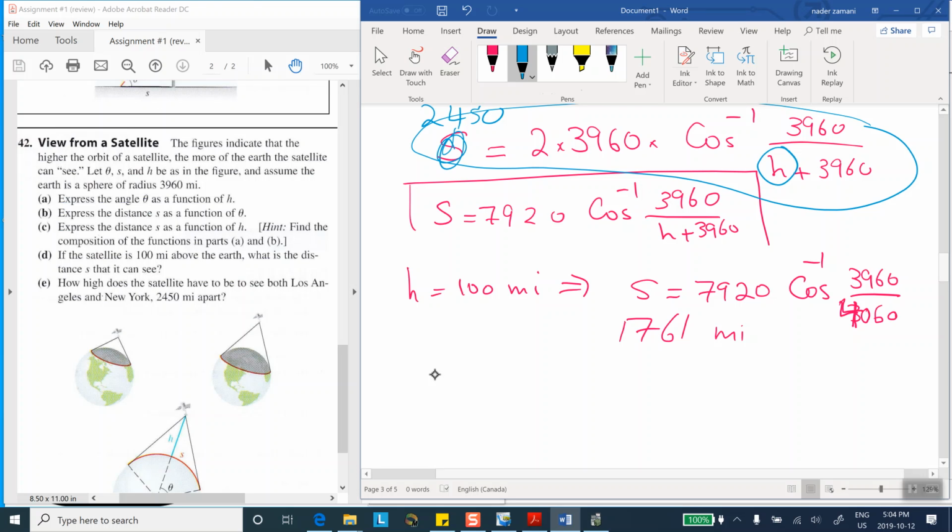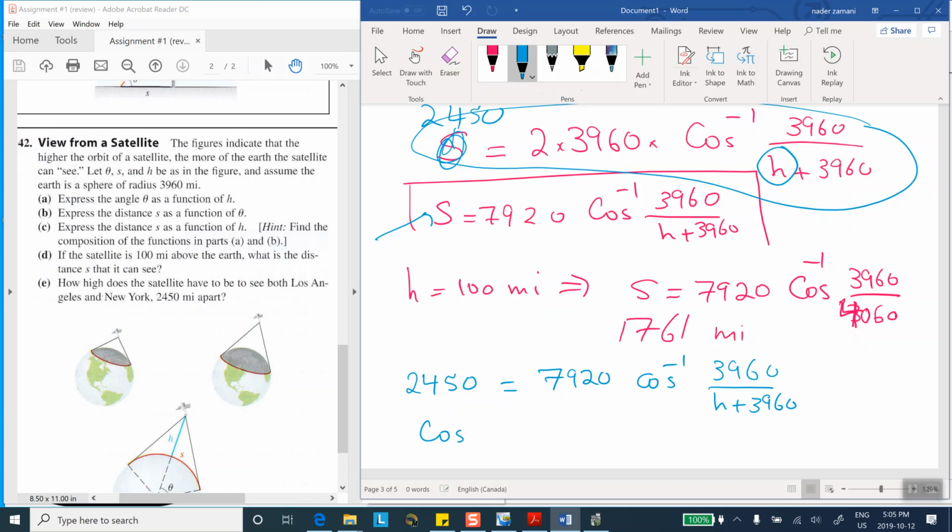We have 2450 equal to 7920 cos inverse of 3960 over h plus 3960.